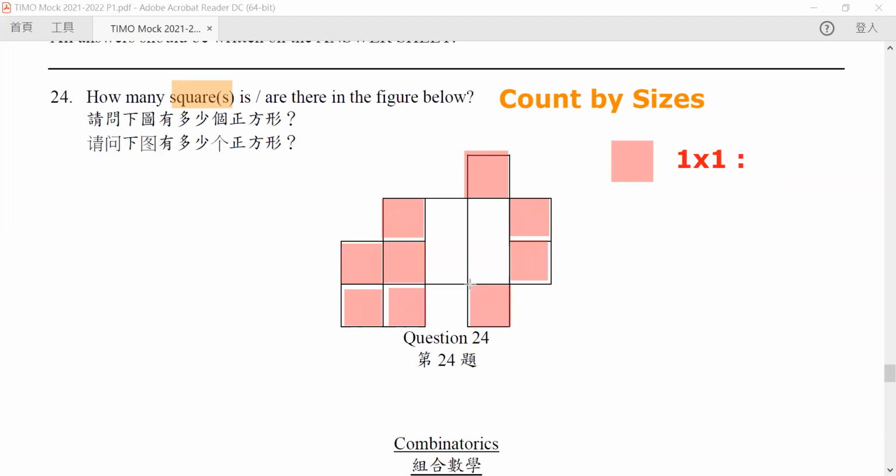So there are 9 squares of one by one. Again, 1, 2, 3, 4, 5, 6, 7, 8, 9.